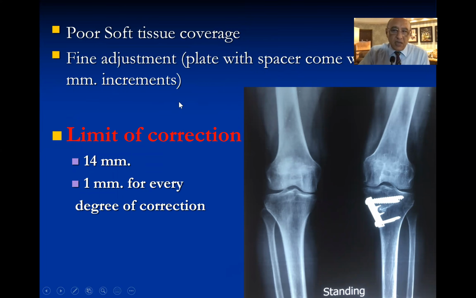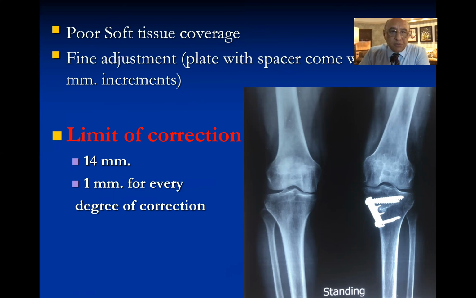It also has the disadvantage of poor skin coverage on the medial side, and the plates with the spacers come with 2 millimeter increments, 8, 10, 12, 14 millimeters, so you are not free to do a fine adjustment.